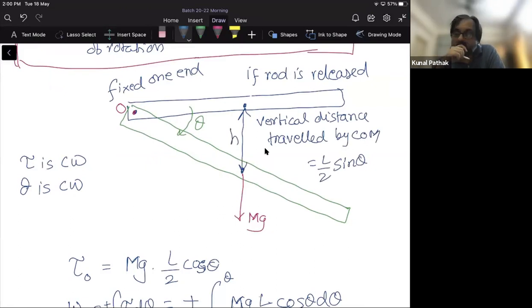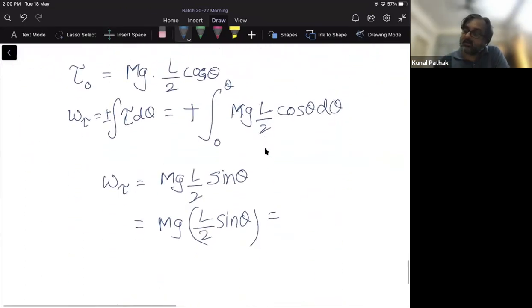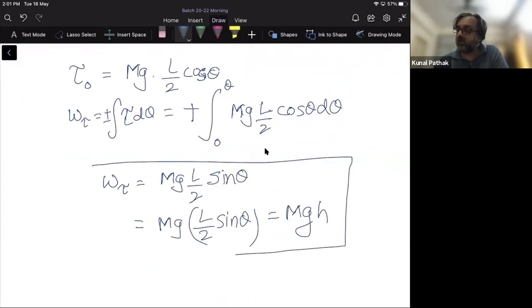Right? Let's say that this is equal to h. So then I get an astonishing result: the work done by torque due to mg, or work done by torque due to gravity, is nothing but mgh.